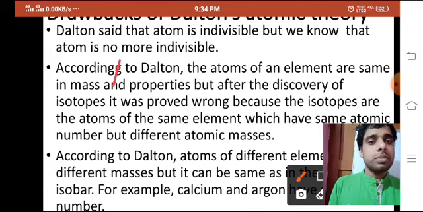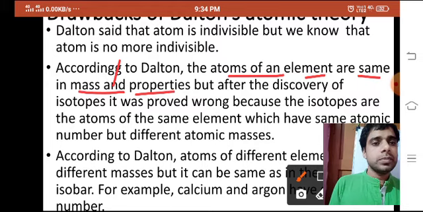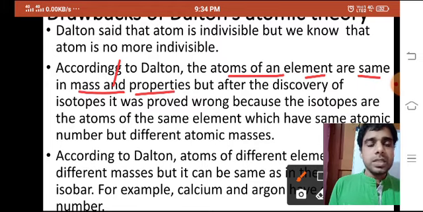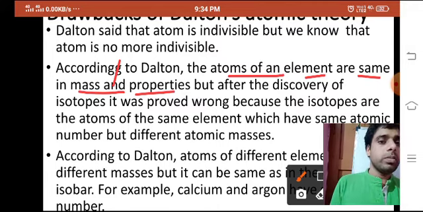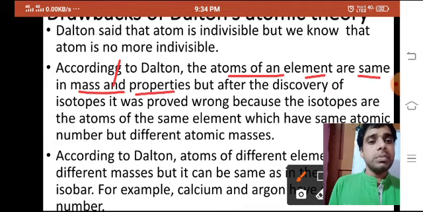But after the discovery of isotopes, this has again been proven wrong, because isotopes are atoms of the same element which have the same atomic number but different atomic mass.